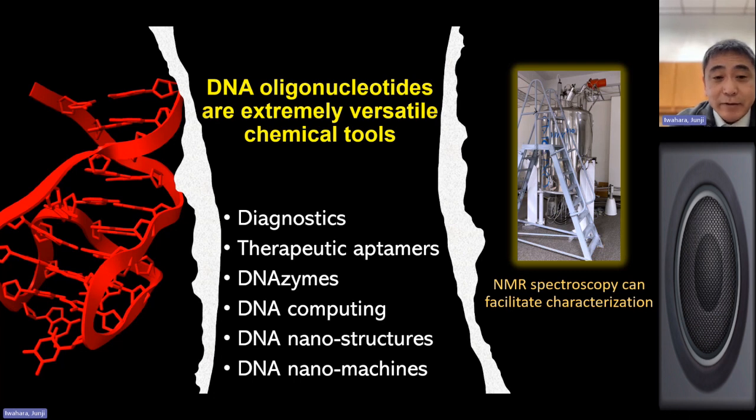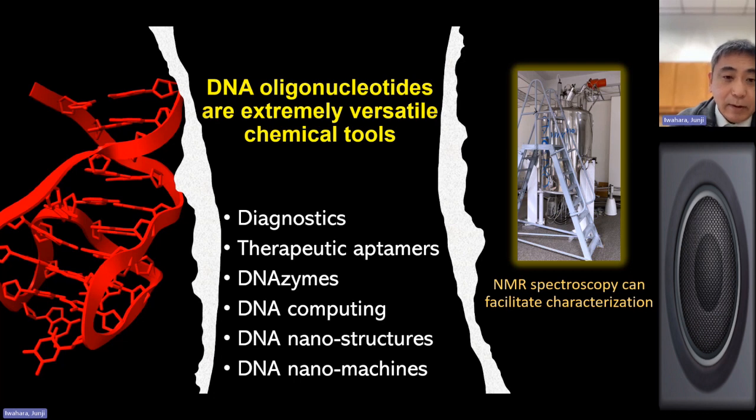Using in vitro selection and evolution, you can create DNA oligonucleotides that can specifically bind to particular proteins. And you can use the same kind of methodology to create catalytic DNAs called DNA enzymes. And you can also use DNA oligonucleotides for nanotechnologies and produce DNA nanostructures or nanomachines.